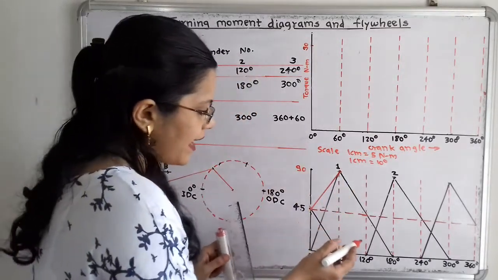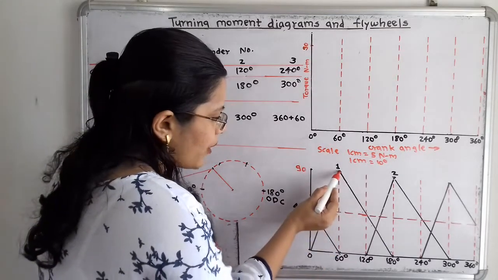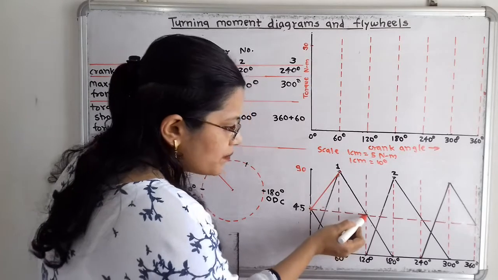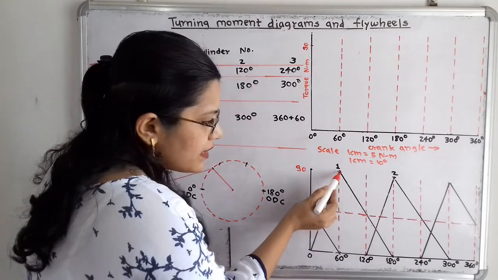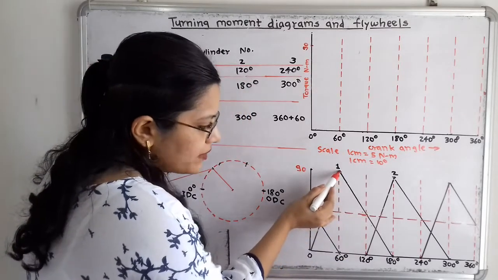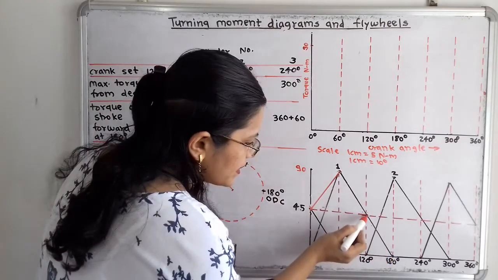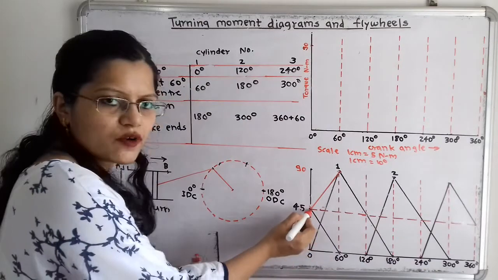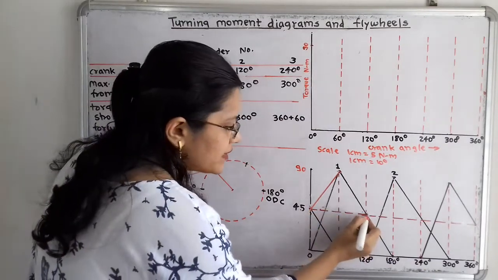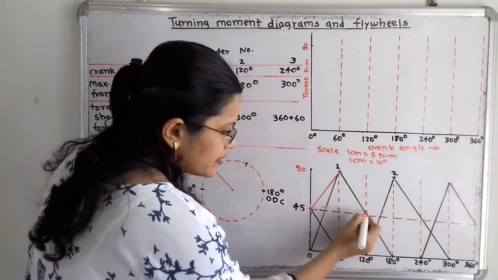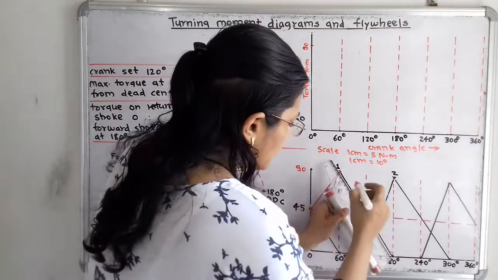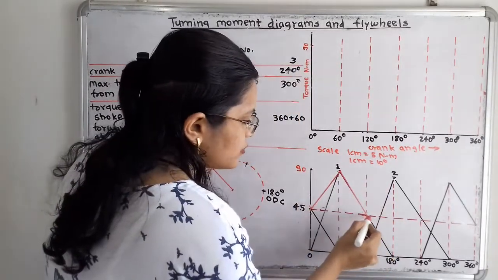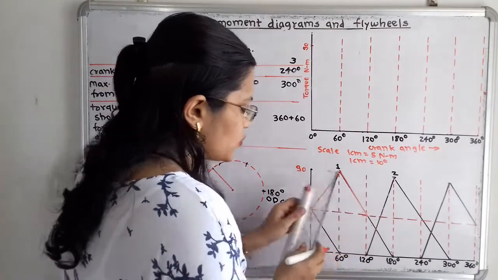Then again I have to join the point at 90 Newton meter to the point of intersection of the line joining point 1 to 180 degree with the horizontal line passing through 45 Newton meter. So here is that point at 120 degree. I will join this line with the red marker. Again I will join this point to point 2.